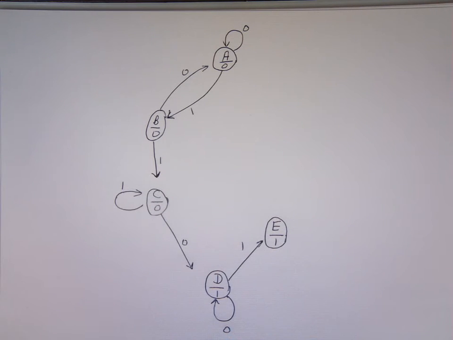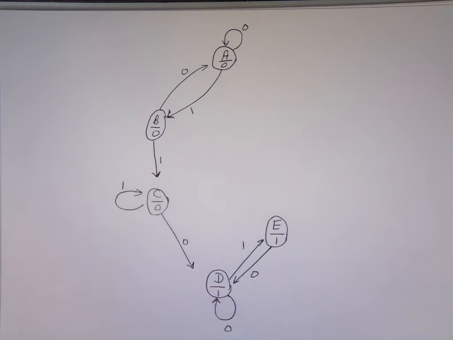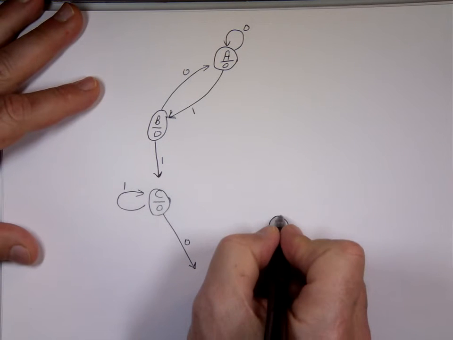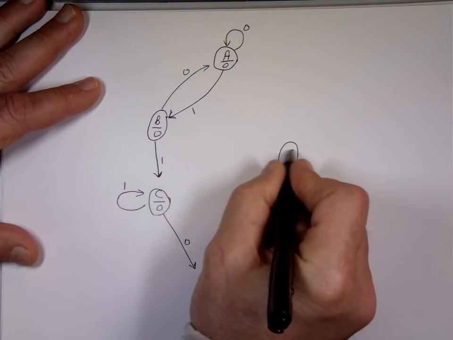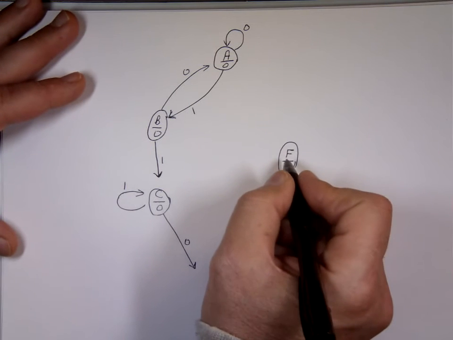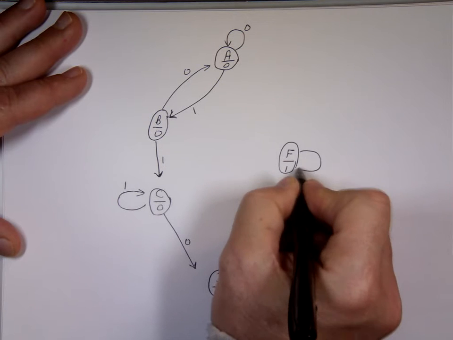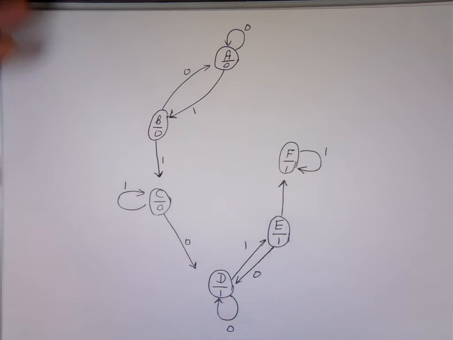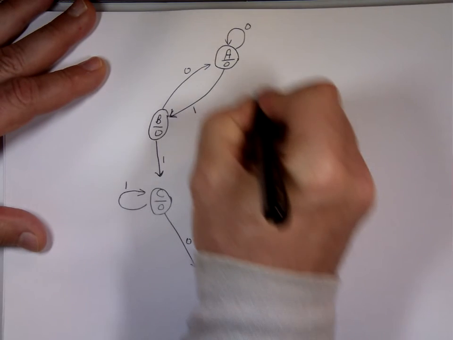If you're at E and you put a 0, you go back here. If you put a 1, you go to state F. Your output is 1. If you put a 1 here at state F, you stay where you are. And if you put a 0, you go back to state A.